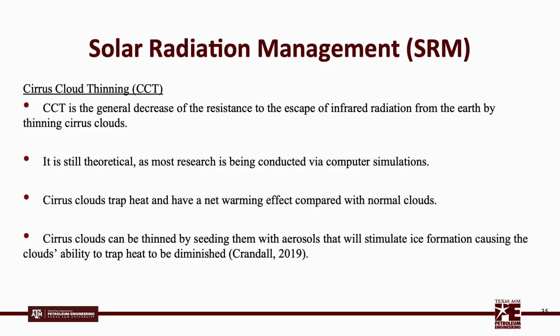Cirrus cloud thinning is the general decrease of the resistance to the escape of infrared radiation from the Earth by thinning cirrus clouds. It is still theoretical, as most research is being conducted via computer simulations.